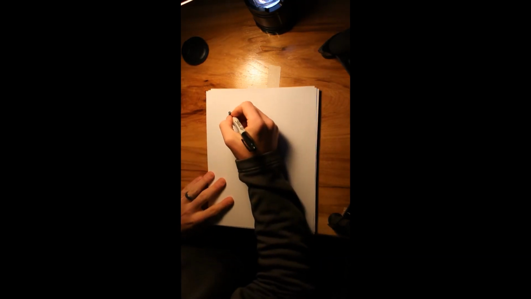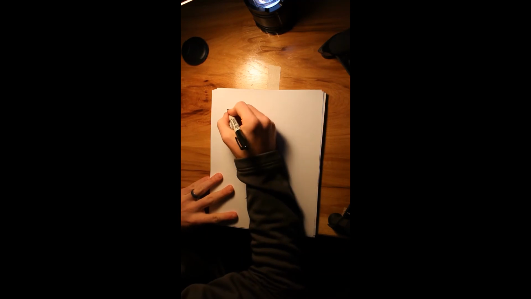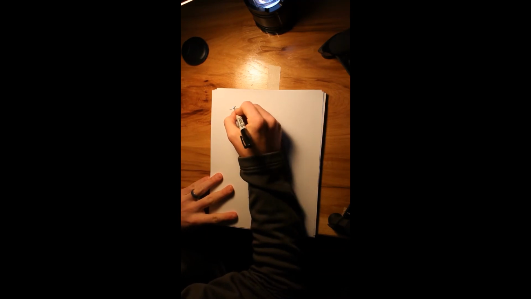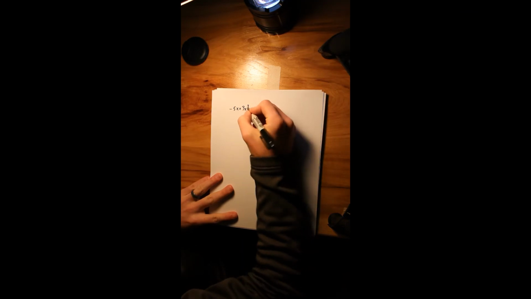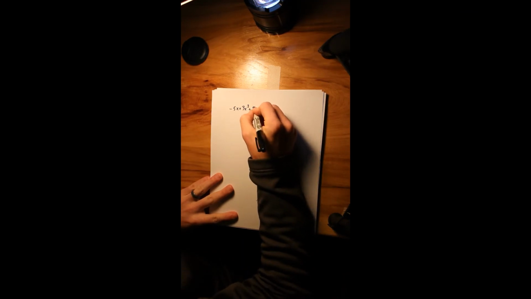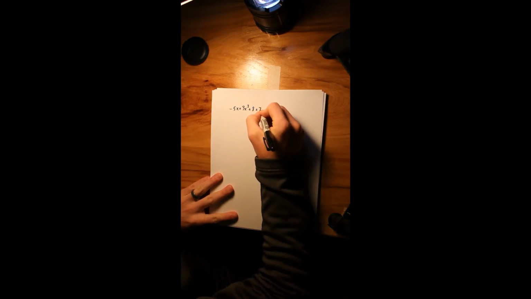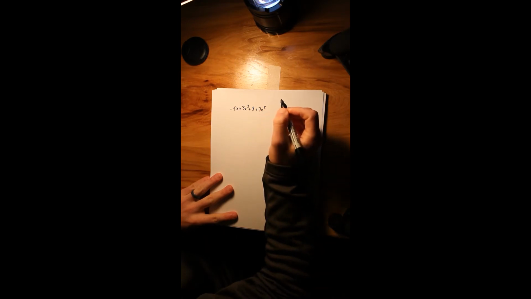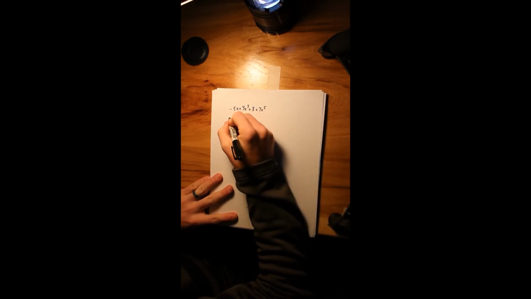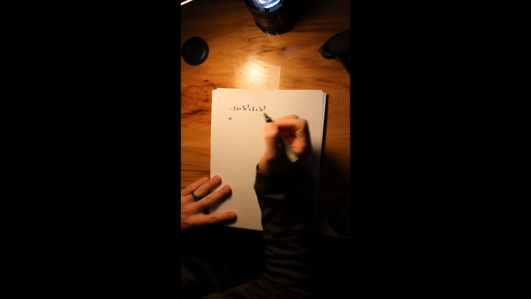Okay, the next problem is from 4.1, and it has to do with all of those different vocab pieces that we looked at that one day. So first thing A says, list the terms and their degree.